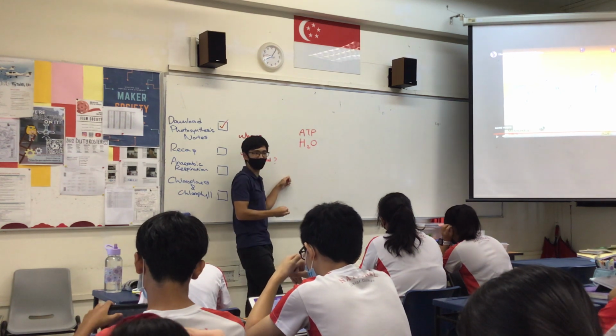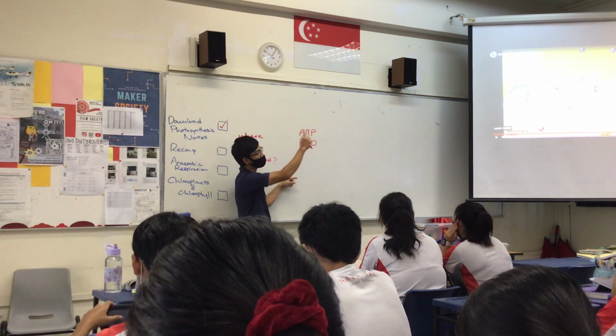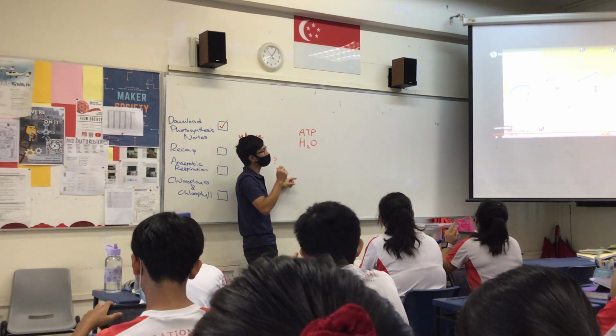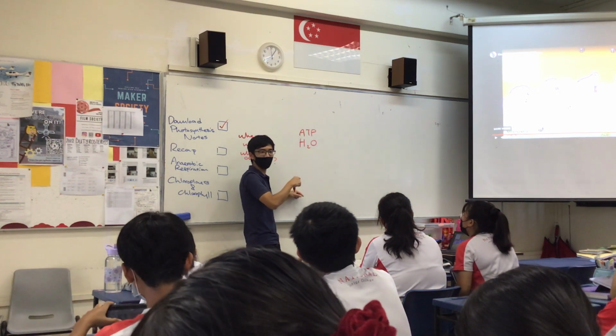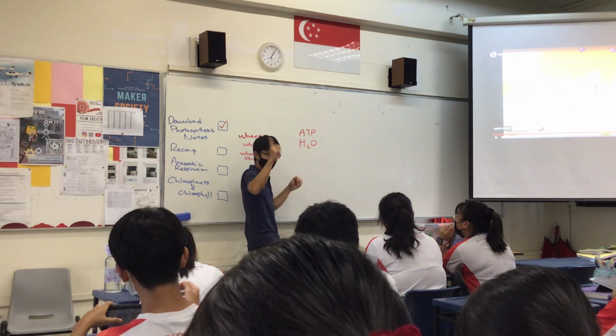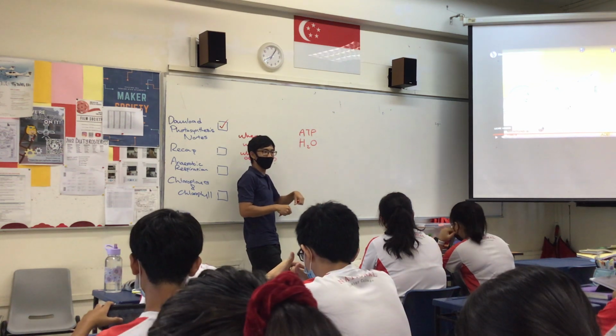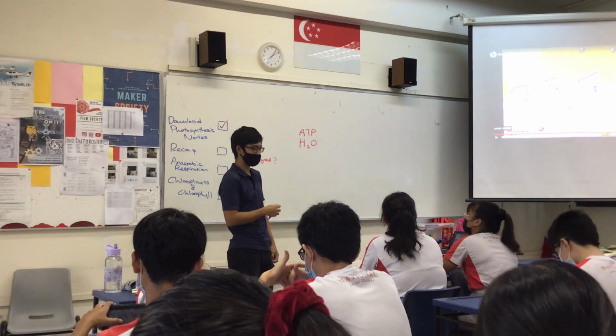Anything else that's produced? CO2. Okay, was CO2 produced at any step? Okay, not shown here. Actually, it is not. CO2 is actually not produced at the last step. CO2 is produced in the Krebs cycle as well as in the link reaction. So the CO2 we breathe out actually doesn't get produced at this last step.